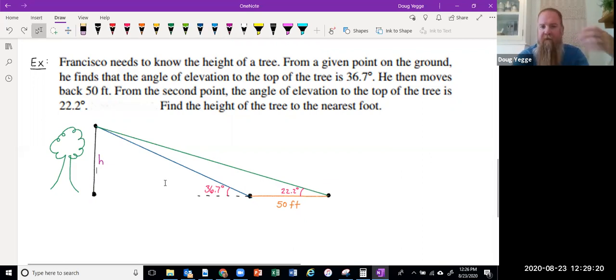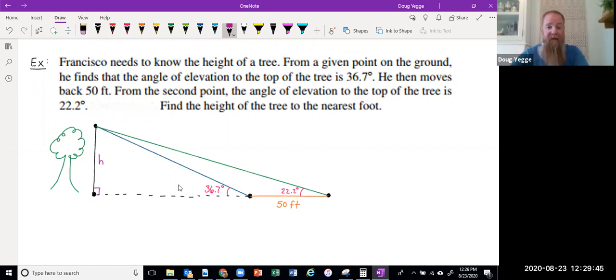So this is where you have to start to think a little bit differently here, where if I were to continue by drawing this line connecting here, I've now created a right triangle. The tree is vertical or perpendicular to the ground. And so now this is the scenario that we have.